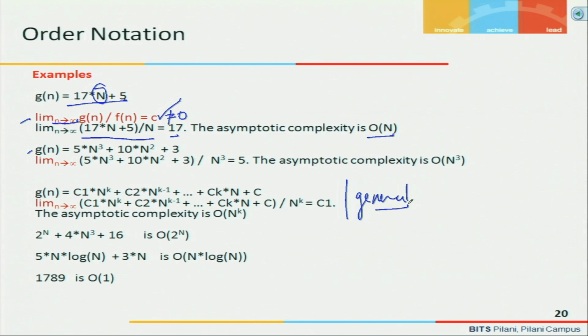If g(n) is a polynomial of order k, that is, the highest degree term in g(n) is of degree k, then this polynomial g(n) behaves like n to the power k, or is of order n to the power k. That is a general result which generalizes example 1 and example 2.